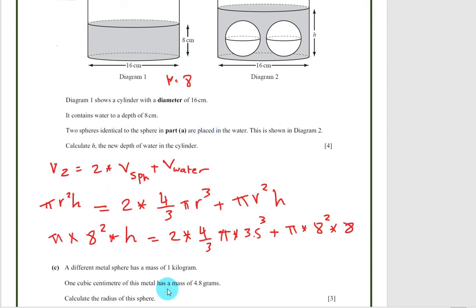So this h now is the h that I needed here.